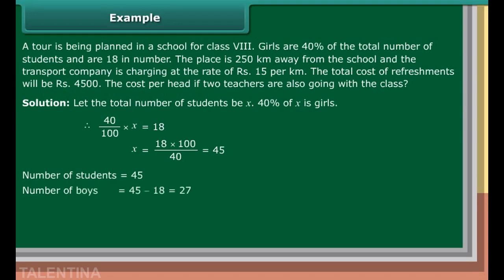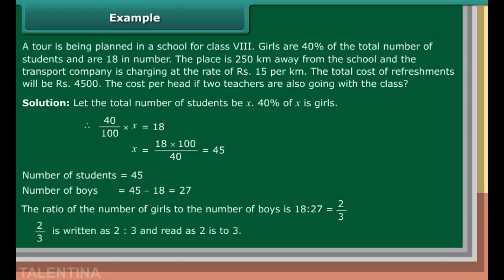Number of boys is equal to 45 minus 18, 27. The ratio of the number of girls to the number of boys is 18:27, which is equal to 2 upon 3. 2 upon 3 is written as 2:3 and read as 2 is to 3.